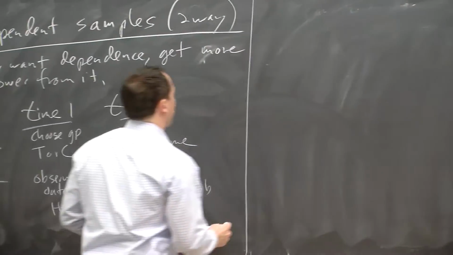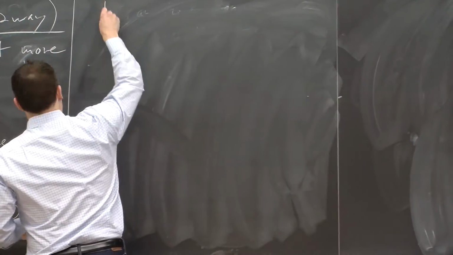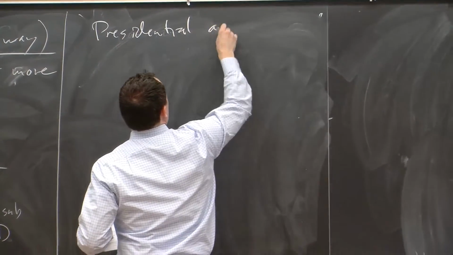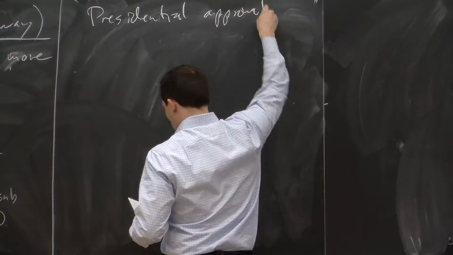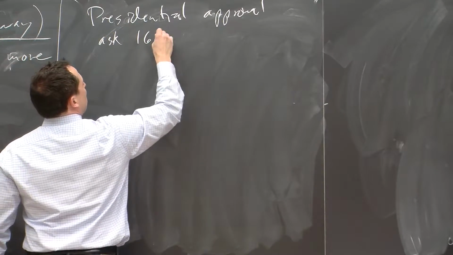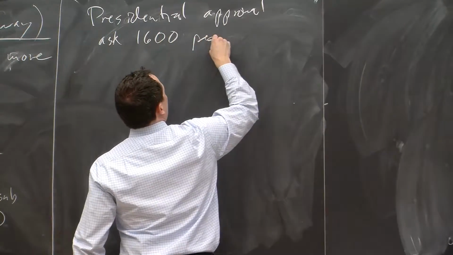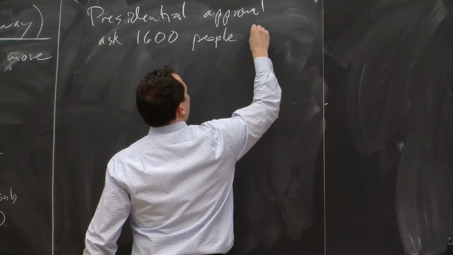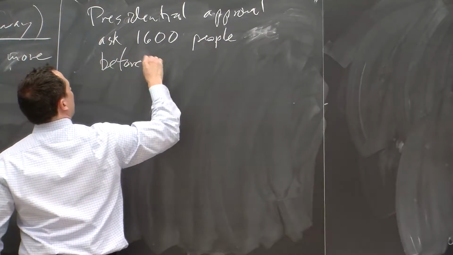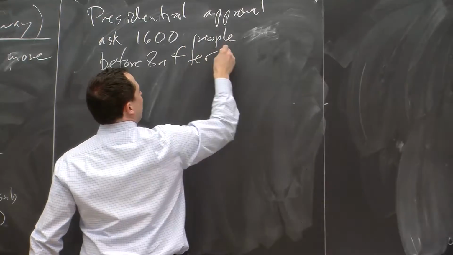The other classic example is a poll for presidential approval. So we ask 1,600 people before and after some event or some speech or something.